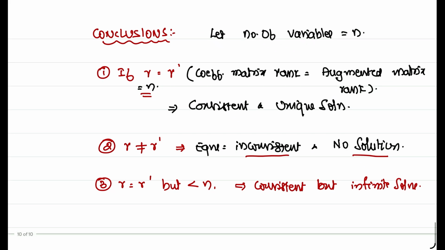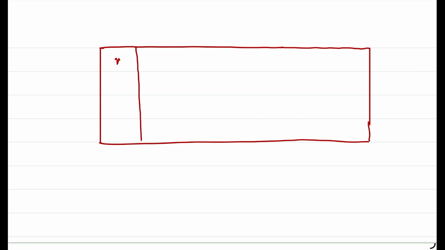Very important. Conclusions, I will make a table. We will make a table like this. Rank of A, the coefficient matrix, that is A dash. With examples we will do.